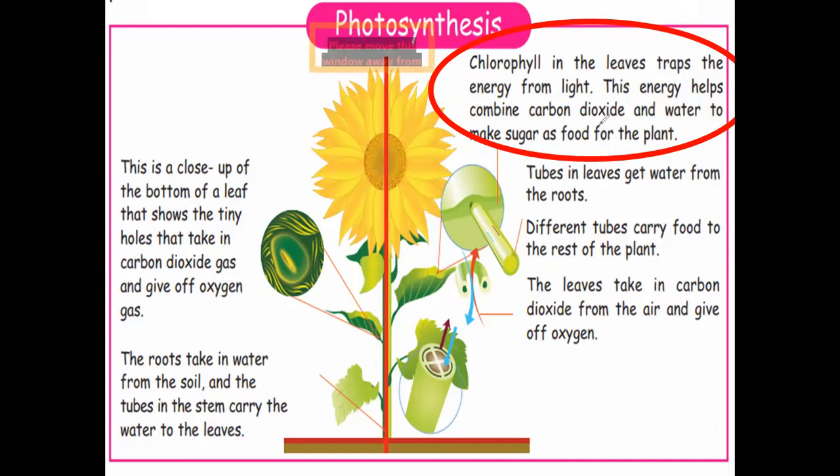Carbon dioxide and water. Putting together CO2, carbon dioxide, and water, H2O, to produce the sugar. We said the sugar is stored in what form? In the form of starch. That's why we will have dark blue color with the iodine test. So you have to know this.